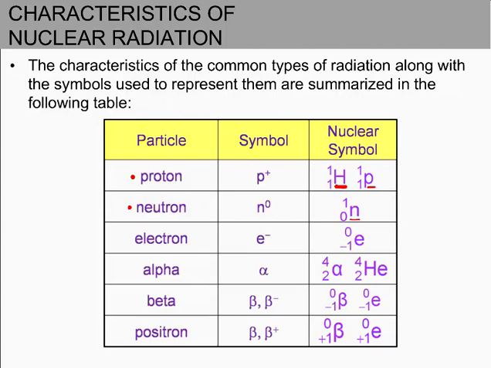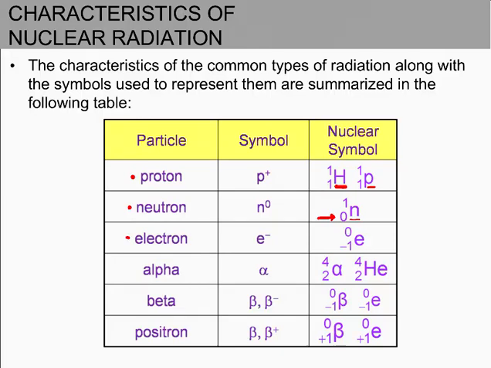And then for neutrons, we don't have an atomic number because neutrons are neutrons, they're not protons. So instead, we're going to write the charge of a neutron in the lower left. And that would be 0 because neutrons are neutral.